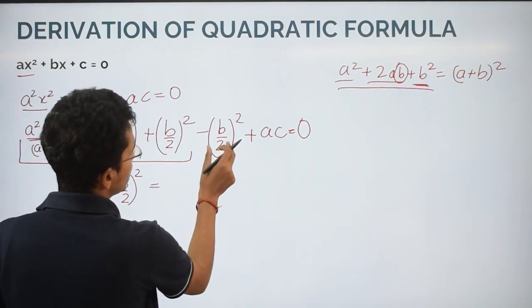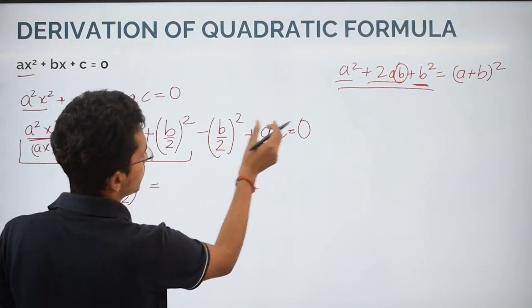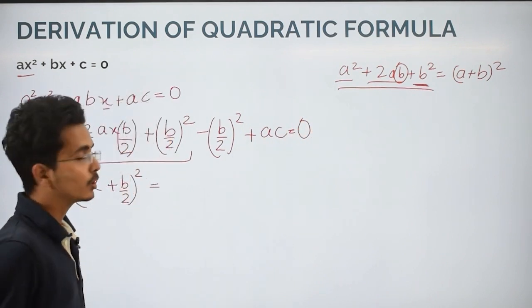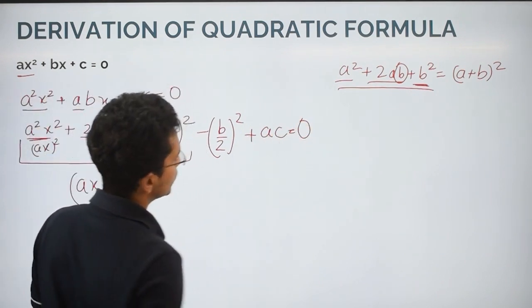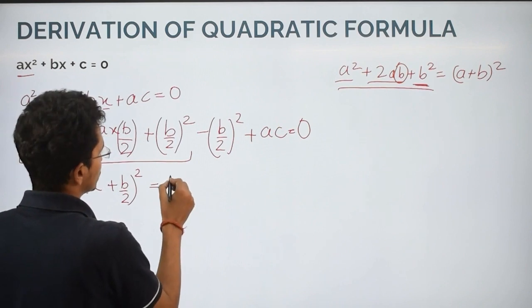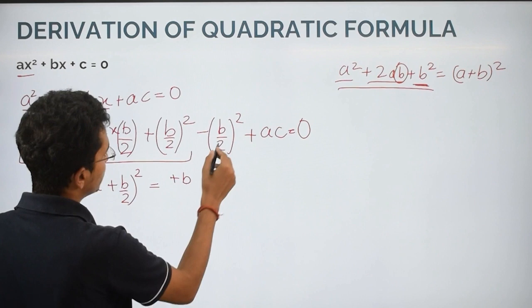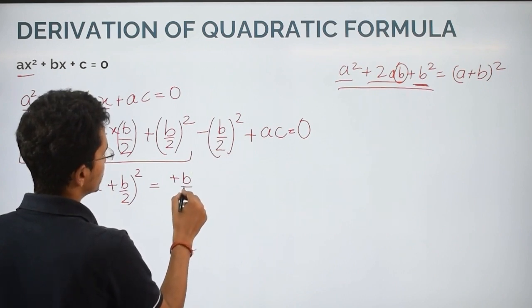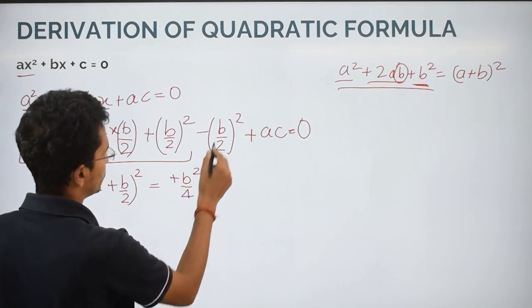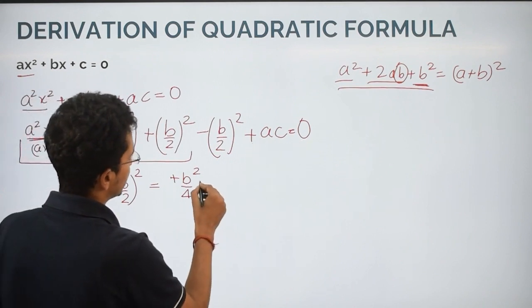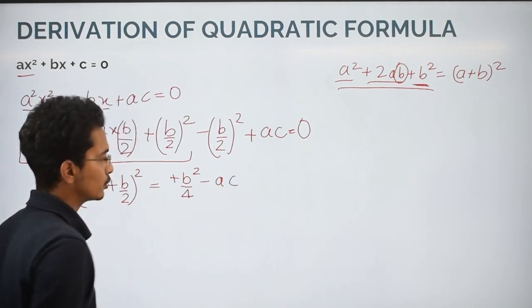If you take minus b by 2 whole square to the other side, it becomes plus b by 2 whole square, and plus ac becomes minus ac. So we get b square by 4, because b by 2 whole square is b square by 4, and minus ac.